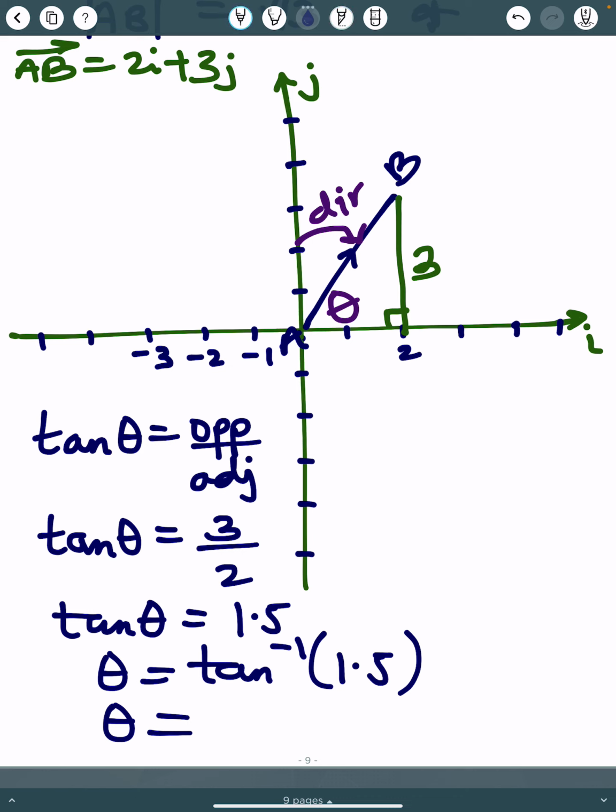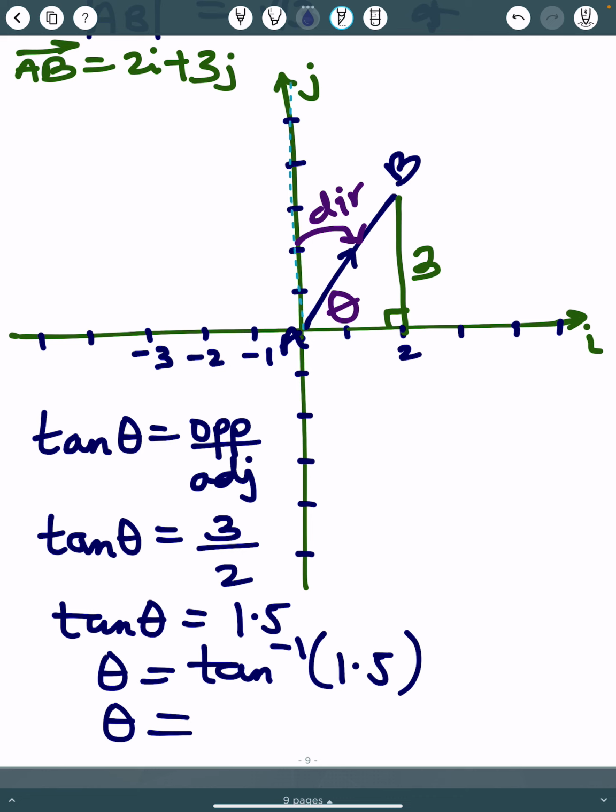A is the starting point of vector AB. So let's take A as the origin here, because my starting point for the vector is A. So if you read on the horizontal axis, this is 1 unit, this is 2, this is 3, this is 4 to the right. That's the x-axis, like we do in geometry. This is the negative side.